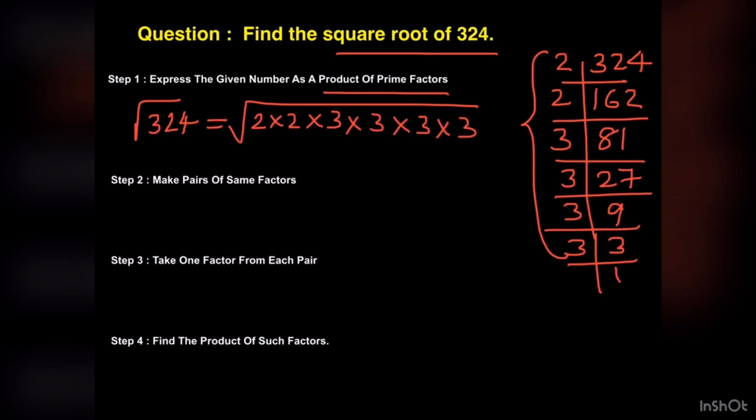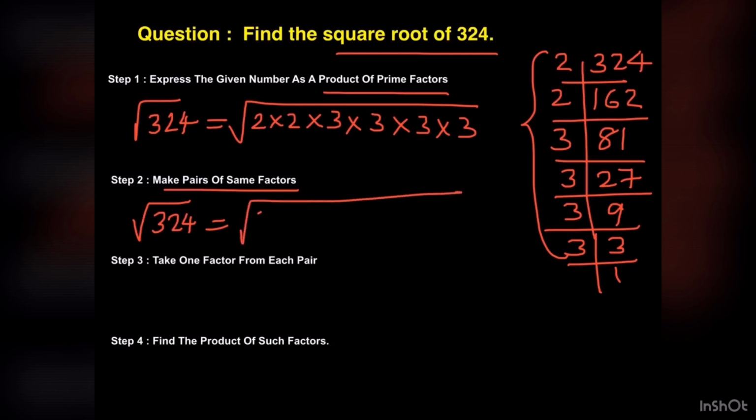The next step is make pairs of same factors. So now square root of 324, which is equal to square root of 2 times 2 times 3 times 3 times 3 times 3. Here we are going to make pairs of same factors in this way.